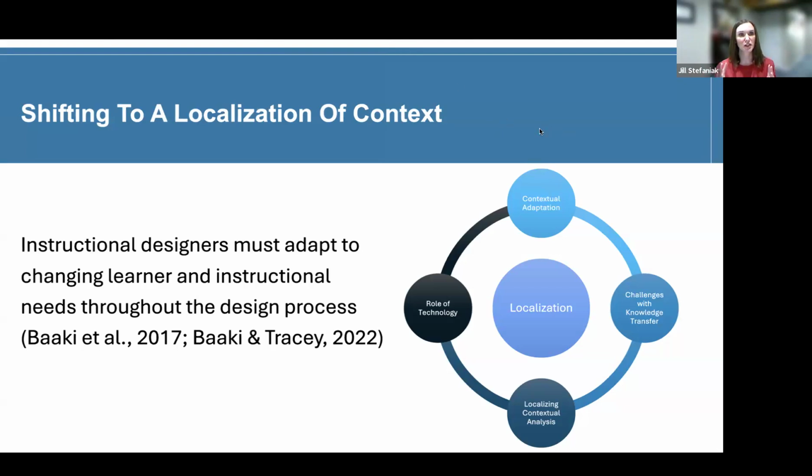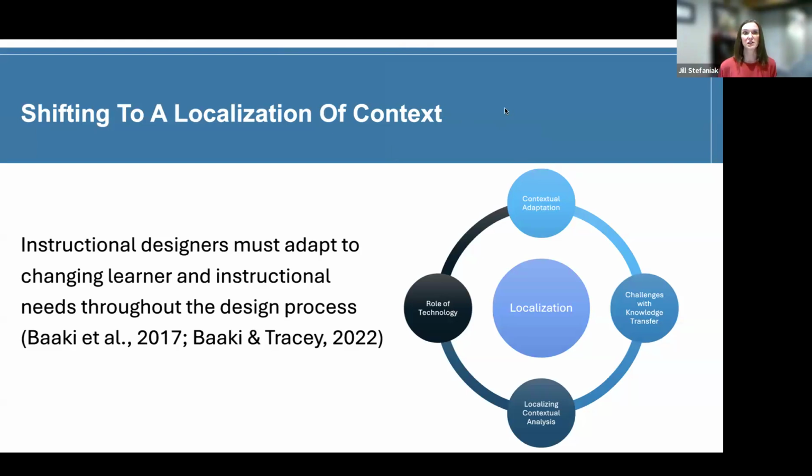And so again, we want the instruction that we're designing to be relevant to them. And we want our learners to see the value in what they're experiencing and what they're receiving. And so in the user experience design research, if we look at human computer interaction, they've talked about this idea of localizing context and really thinking about how is the learner going to explore or navigate an experience.